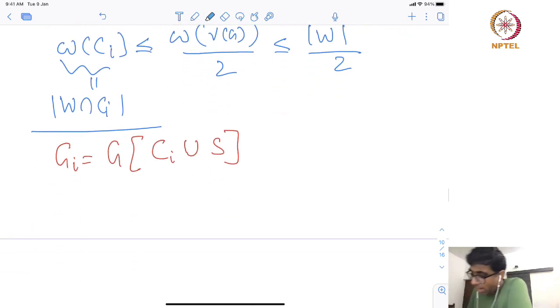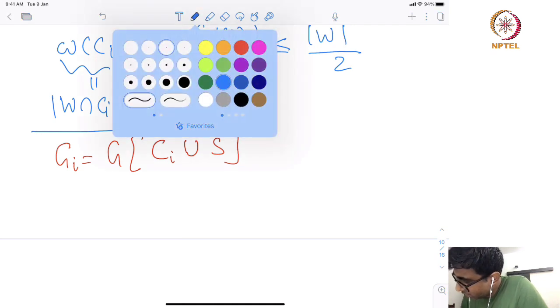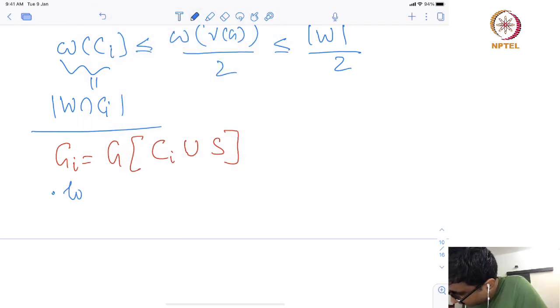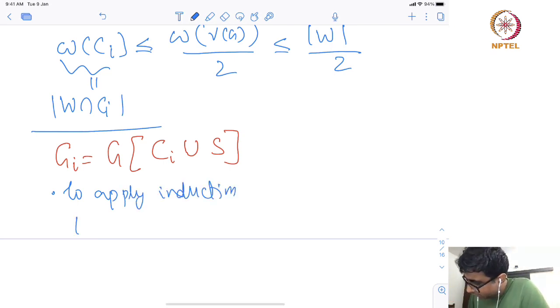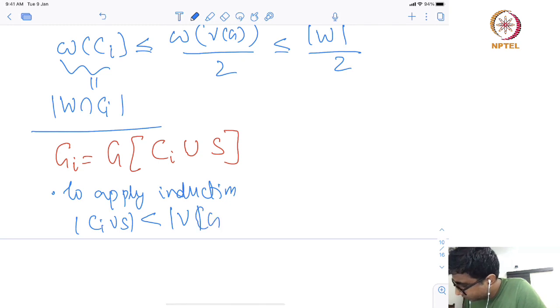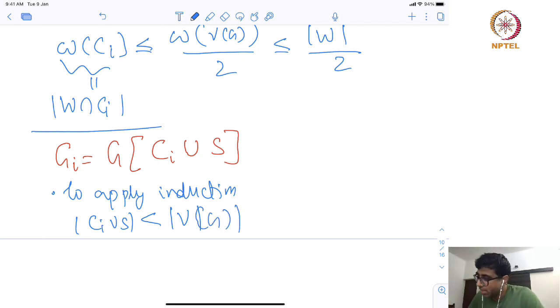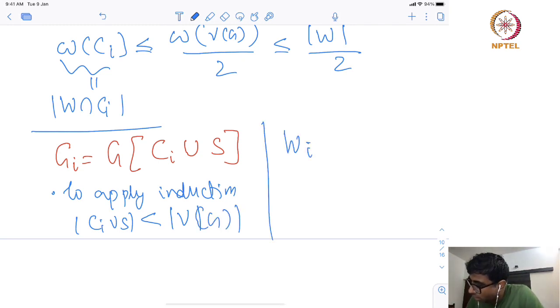But now I would like to apply induction. To apply induction, first of all, I need to show that Ci union S is strictly less than V of G. That's one thing. And I have to define what my Wi is.